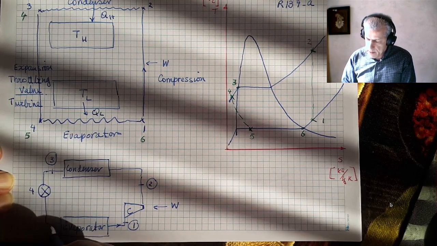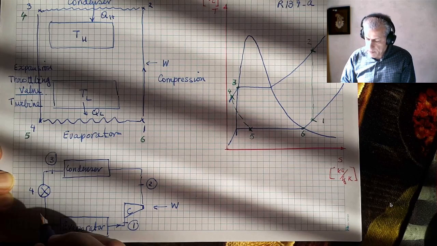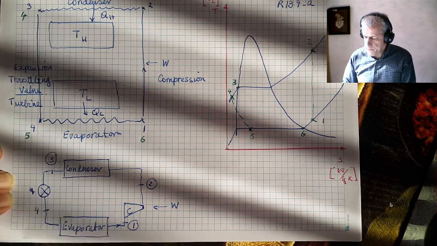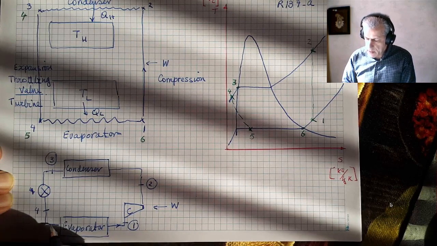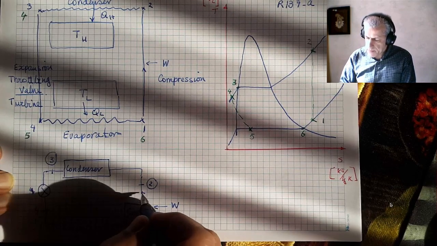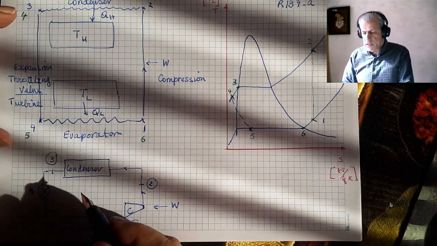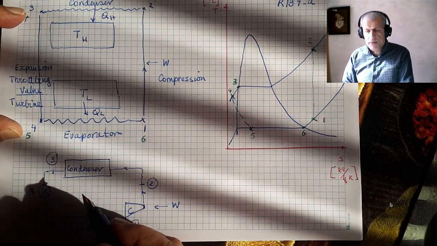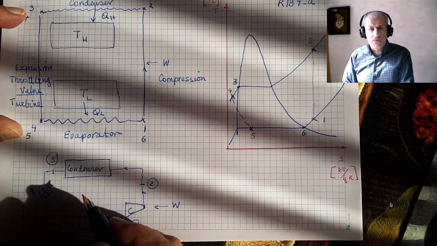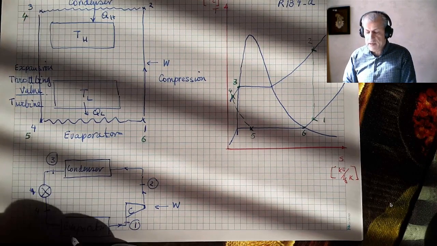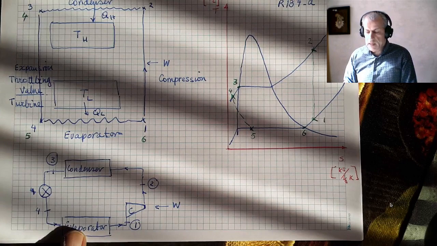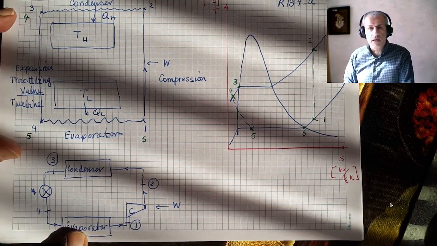And then it is expansion 5, and the point 4 would be here. And the cycle just goes on. The cycle just repeats. And this system does the refrigeration. In fact, this cycle does just what we explained in this one here.